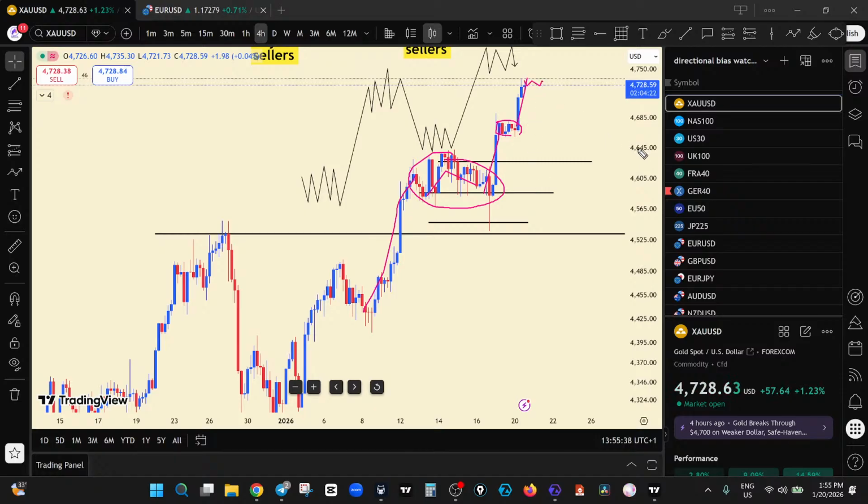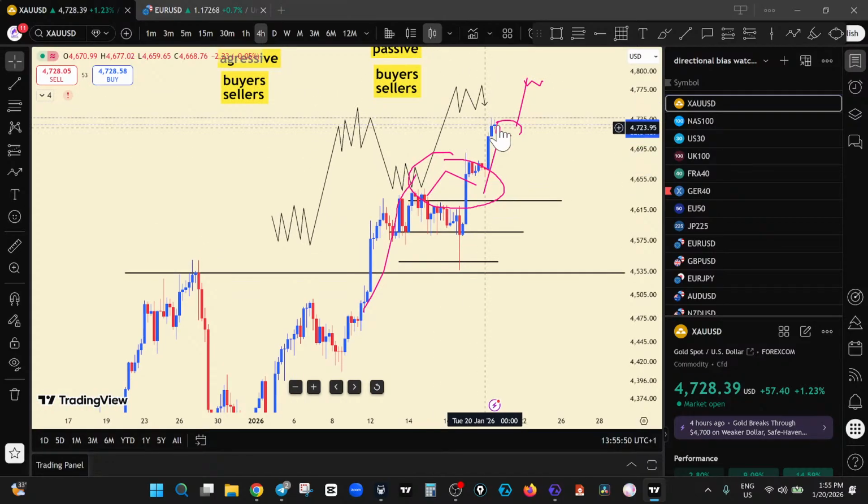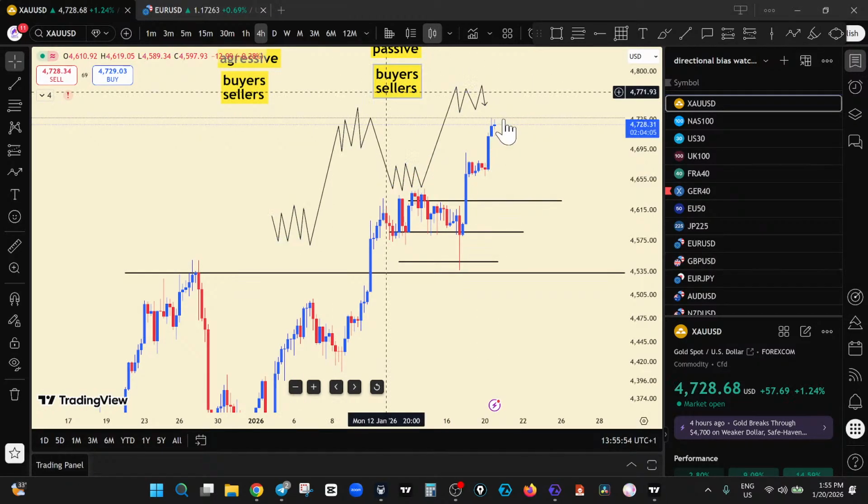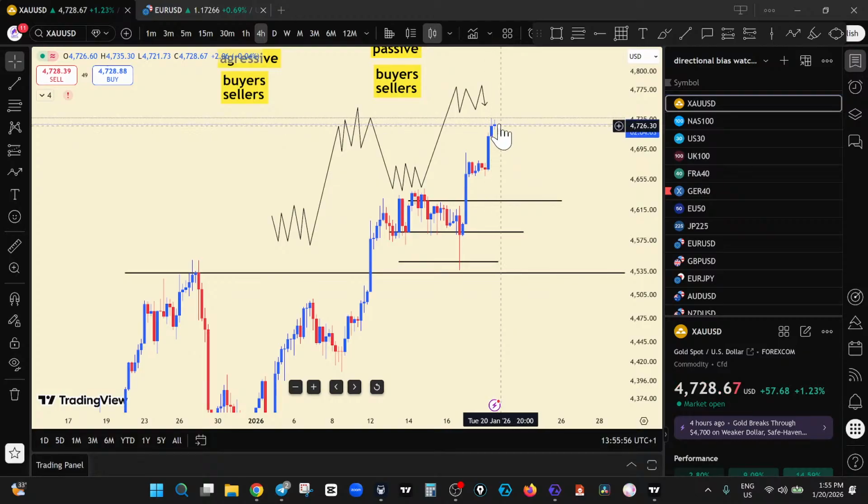So for those of you that want to join this market, let's assume you want to buy, okay? It doesn't make sense to buy here, where price is right now, because any moment they can start consolidating, probably push the price down and then push up, or they consolidate and then push price up.